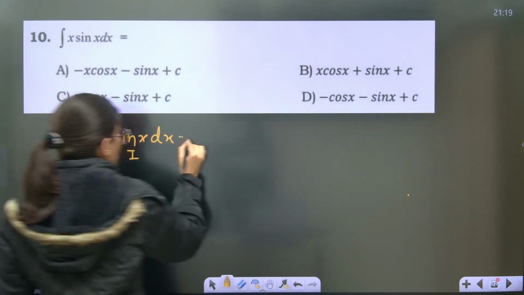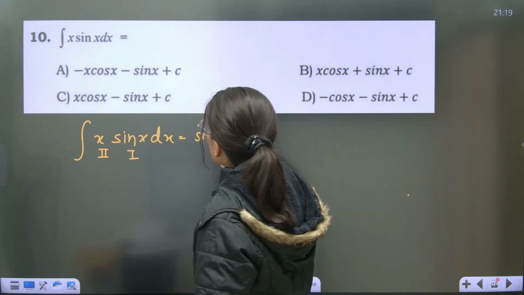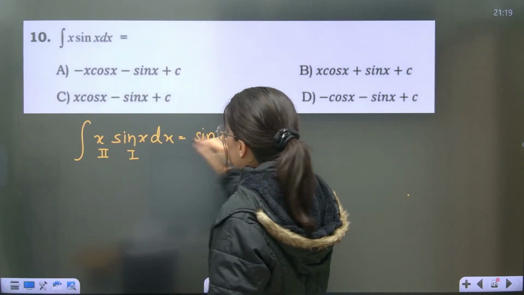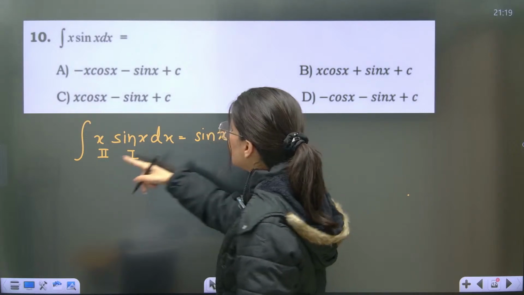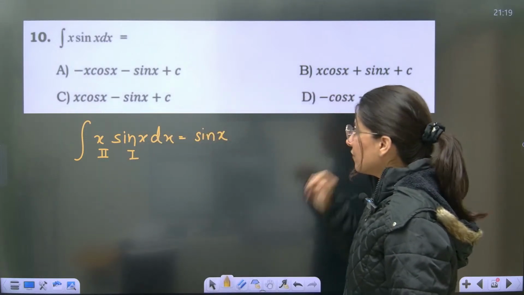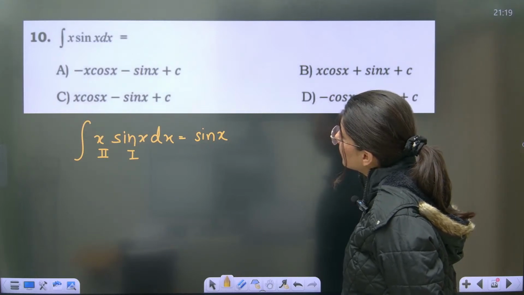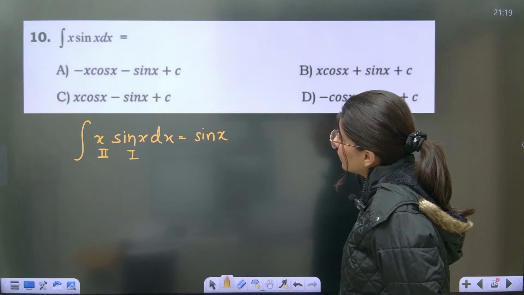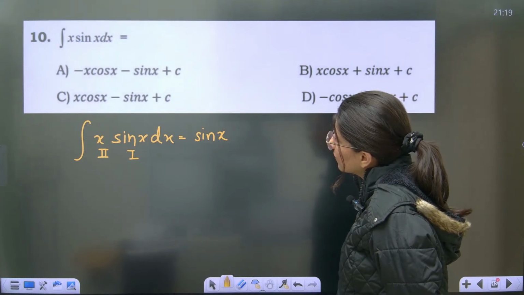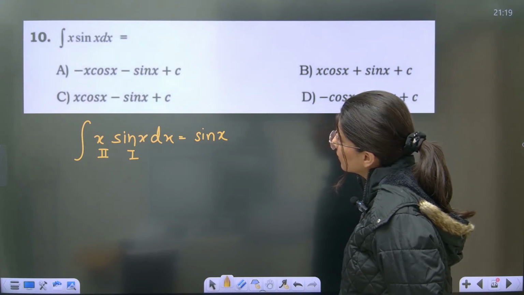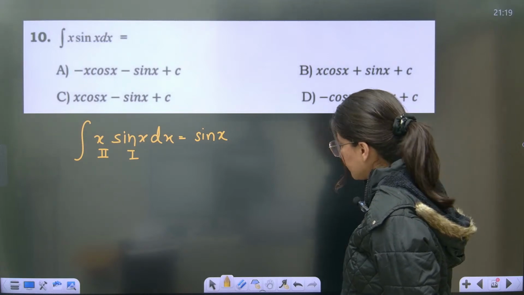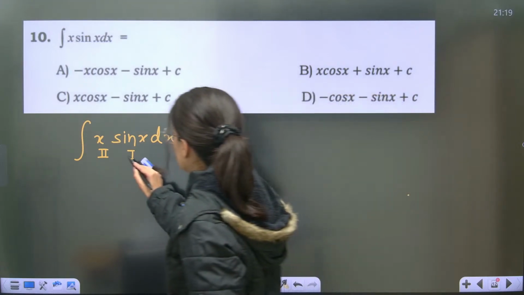So the formula says first function will remain constant, then second function integrated.